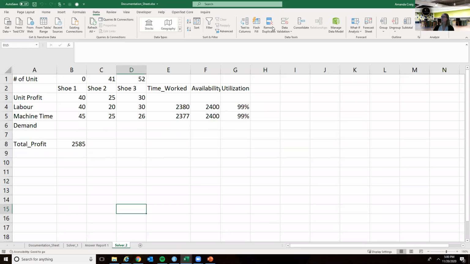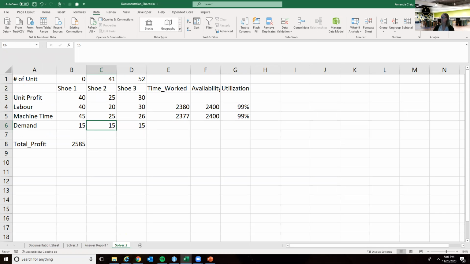So in order to do this, I am going to, first of all, add in my demand, which is going to be 15 units each. And now I'm going to define these cells as demand by naming them.